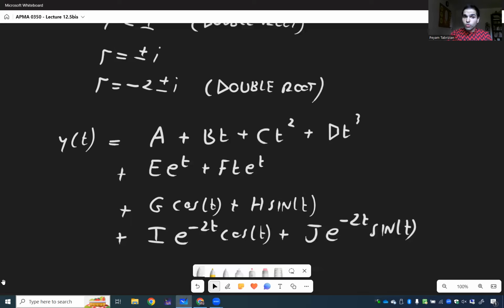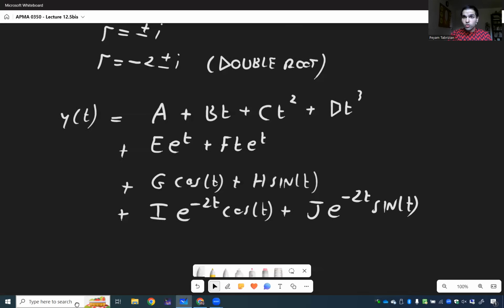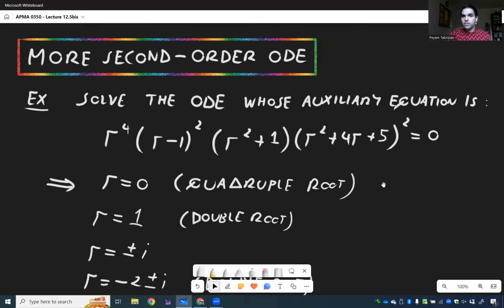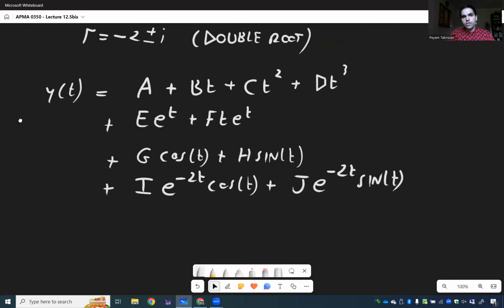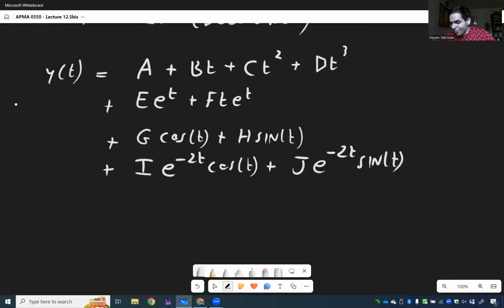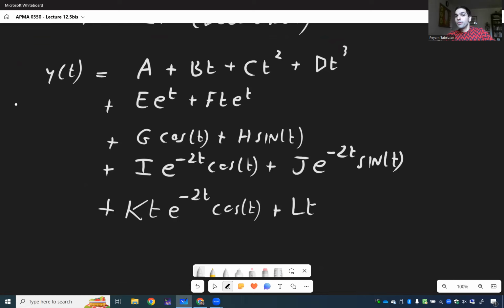That's if it were not repeated. But since it's repeated, because of the square term here, we have to add an extra t. So that would give you, I forgot my alphabet, kt e to the minus 2t cosine t plus lt. Some people might say it's lit. I say it's lt e to the minus 2t sine of t.